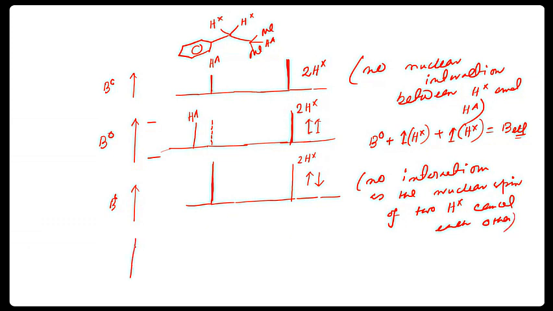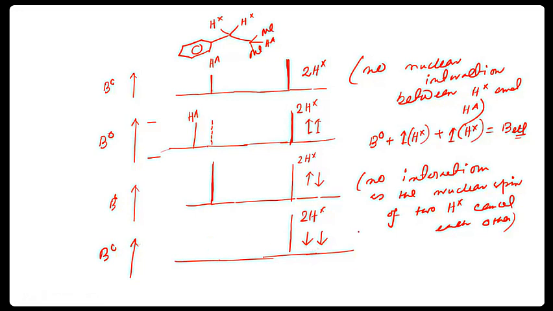And what about the case here? B0, we have Hx here, 2Hx, look at the case. So basically both the nuclear spins are aligning opposing to the external magnetic field.